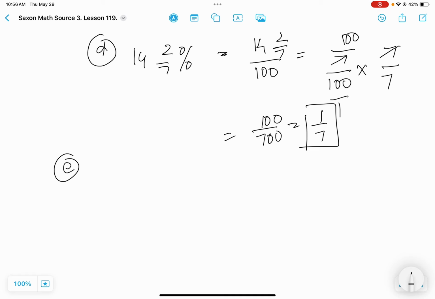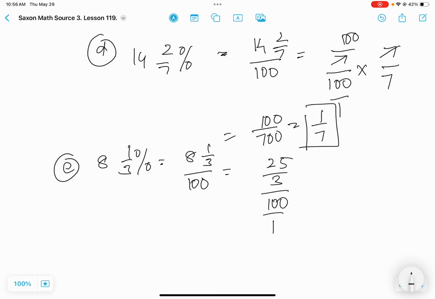Let's do E. 8 1 by 3%. Again, the same way. 8 1 by 3 over 100. Converting the mixed number to an improper fraction, 8 times 3 is 24, 25 by 3 over 100 by 1. So again, the common denominator between the two. Let's use the identity property of multiplication.